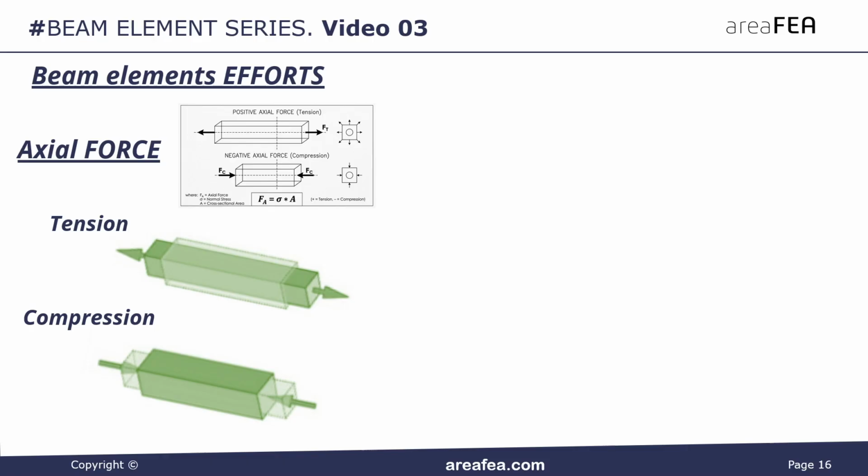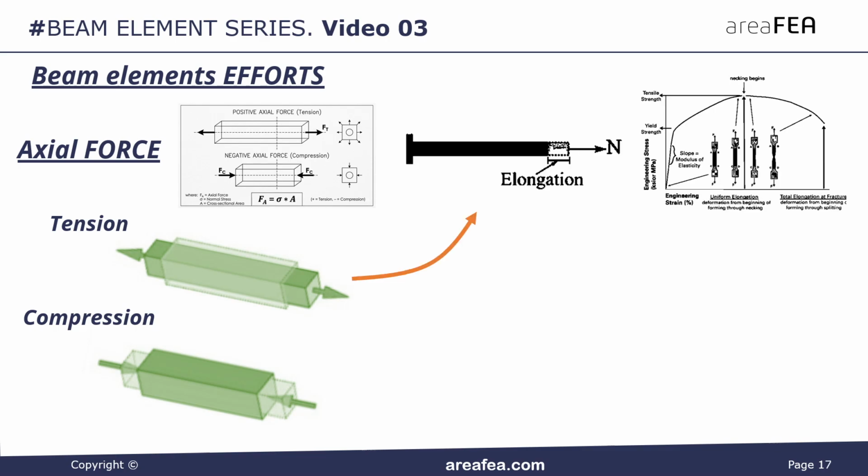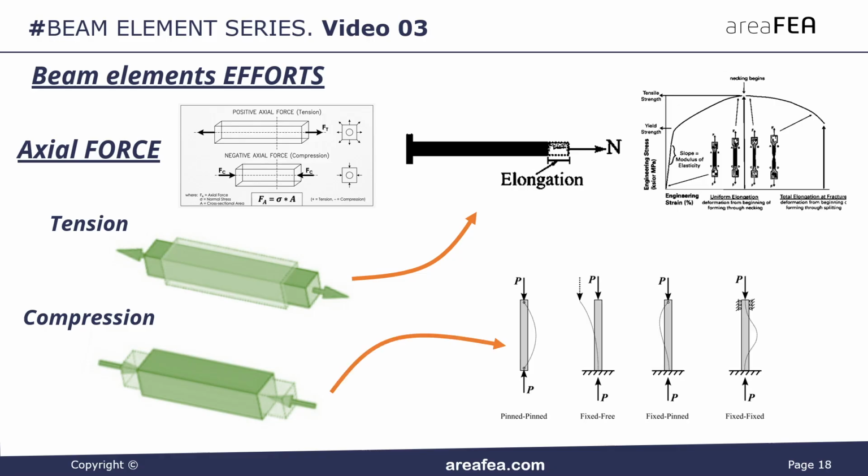Why does this matter? Because a member in tension and a member in compression can fail in completely different ways. For example, a beam in tension is suffering yielding, and a beam in compression can provoke a buckling phenomenon. Your design strategy changes completely depending on which one you are dealing with. Let's review these concepts in our project.